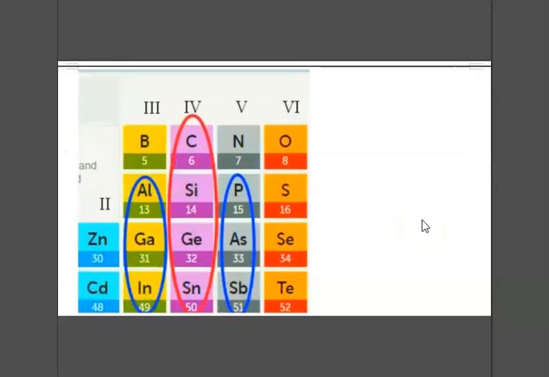Now, there are other semiconductor materials. For example, we can have one component from column 3 and one component from column 5. Column 3, column 5, it kind of averages together to make column 4. So we can have, for example, aluminum phosphide, which should be reasonably similar to silicon.